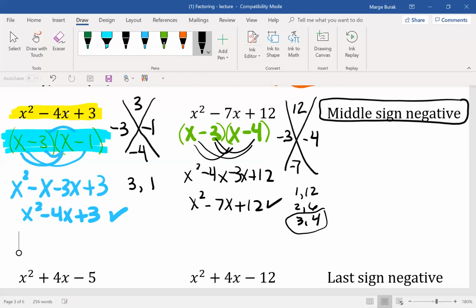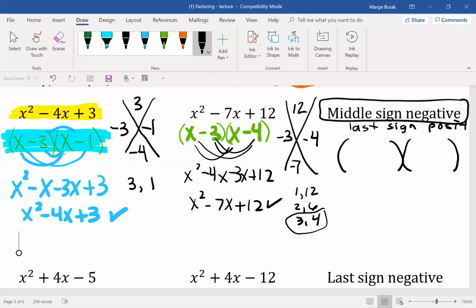Okay, so the summary here is, if the middle sign is negative and the last sign is positive, you have to have both of these.